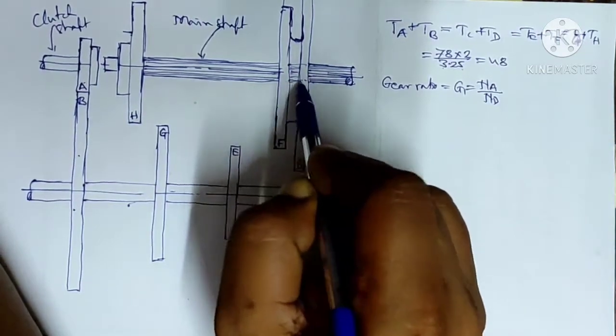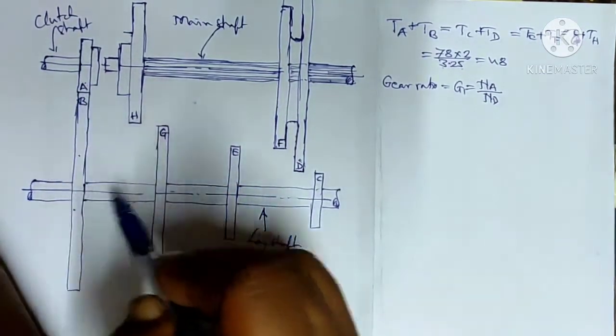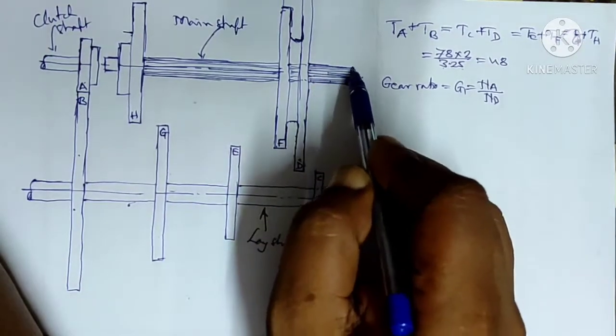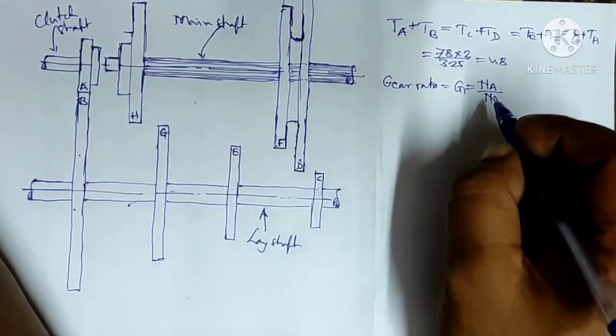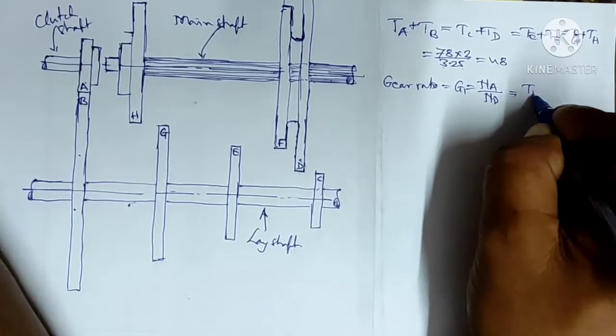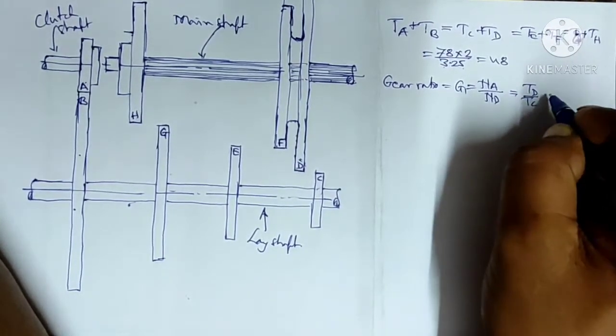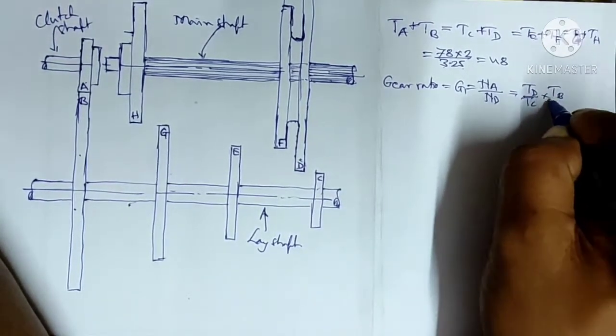So the connection is A, B, C, D and this shaft. That will be the gear train, and it equals TD upon TC into TB upon TA.